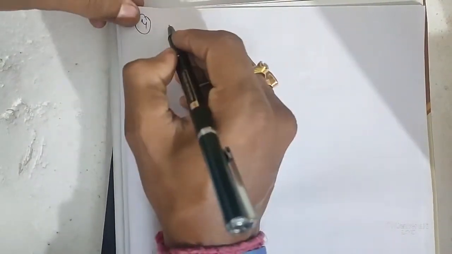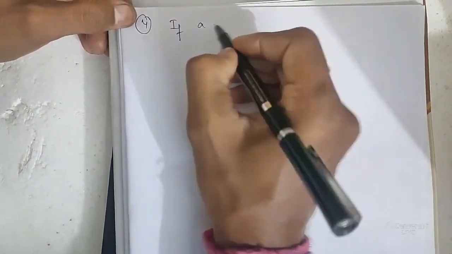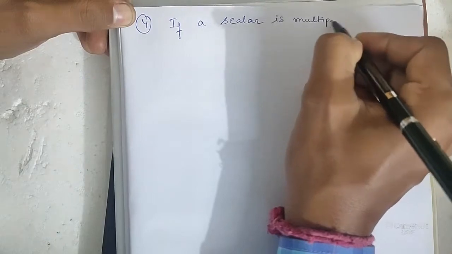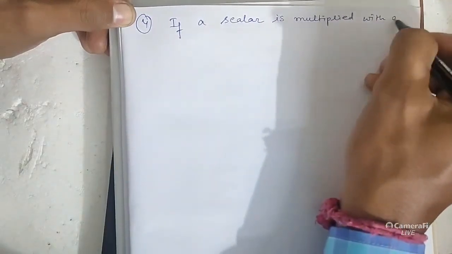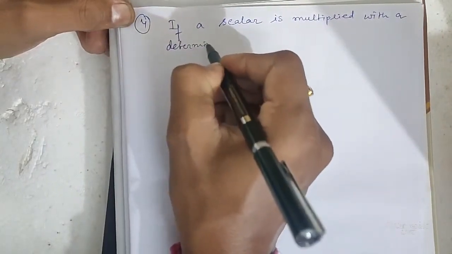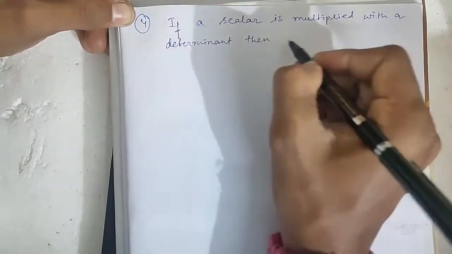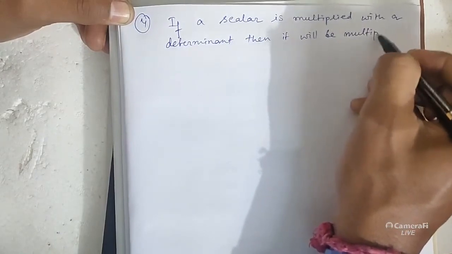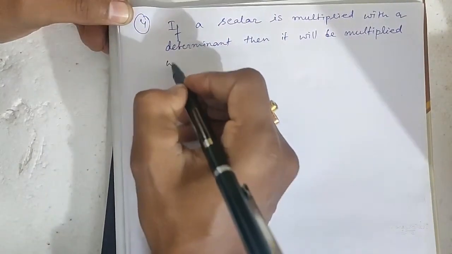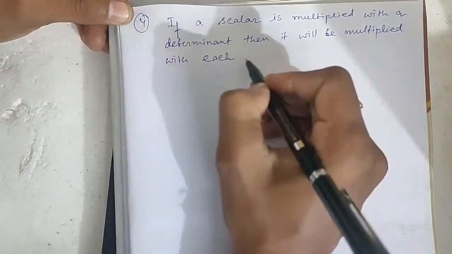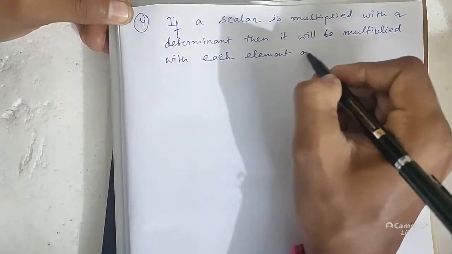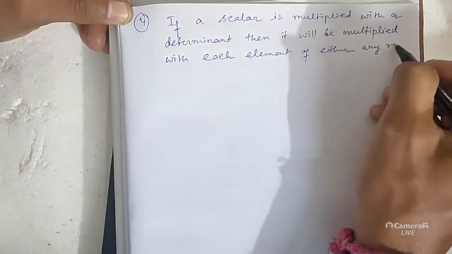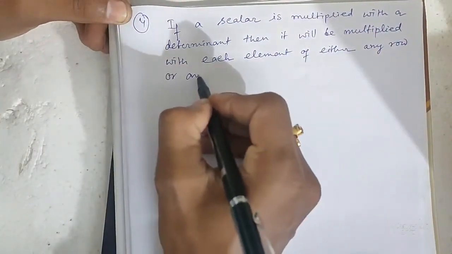Or we can write this thing: if a scalar is multiplied with a determinant, then it will be multiplied with each element of either any row or any column.